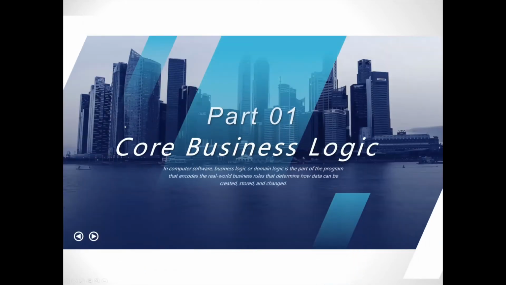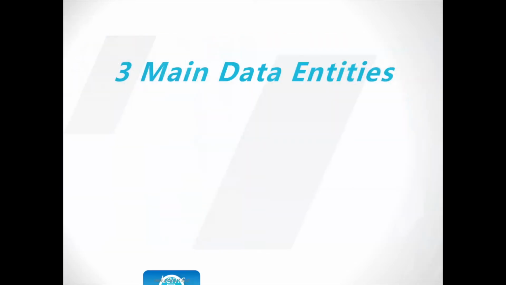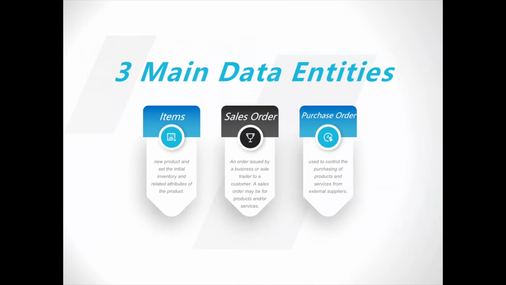For part 1, I will introduce the core business logic. The core business logic is mainly divided into the 3 main data entities: items, sales orders, and purchase orders.